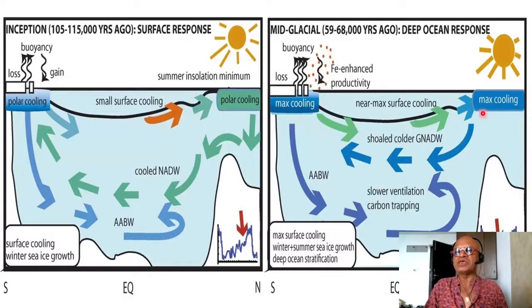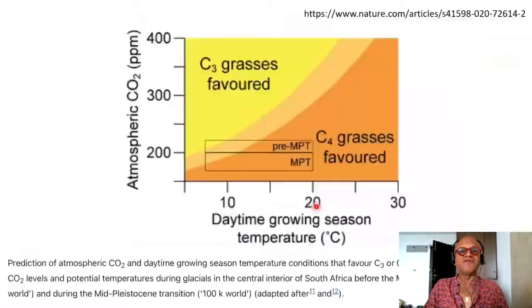So you can see the changes here, maximum cooling, so you have seriously moved the deep water formation site and you have changed the circulation here. So warmer waters here than here, and here is where we are already deep into the mid-glacial period. Okay, so this is basically highlighting the ocean's role in the feedbacks.